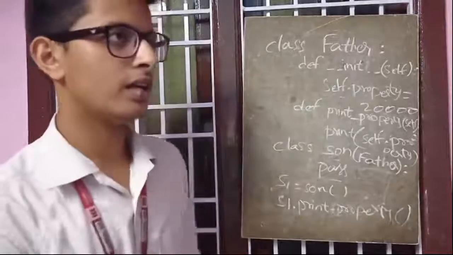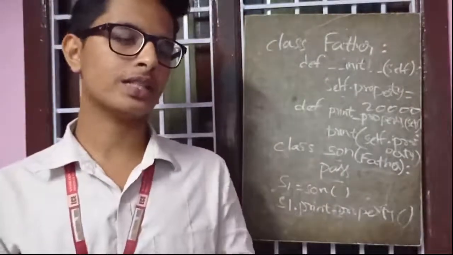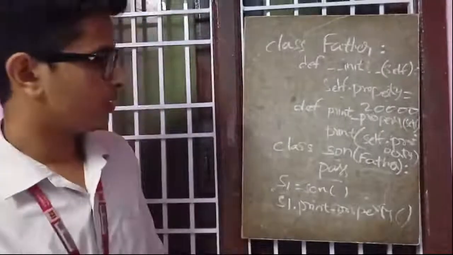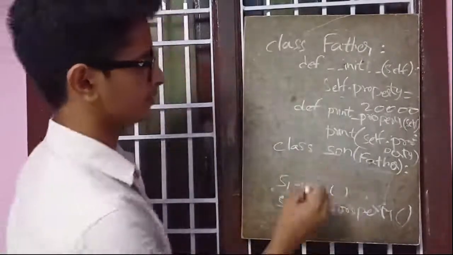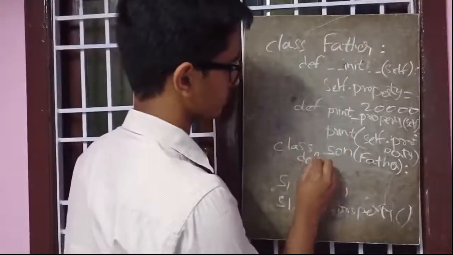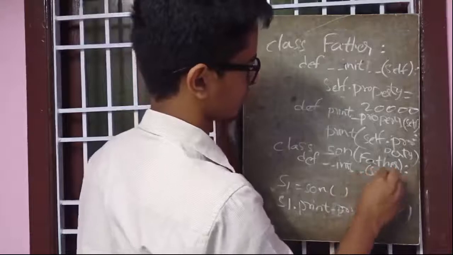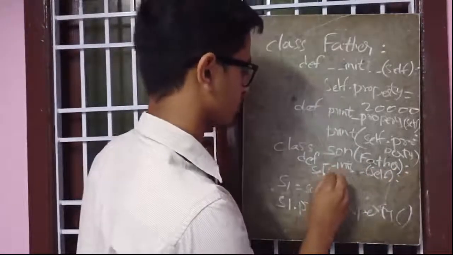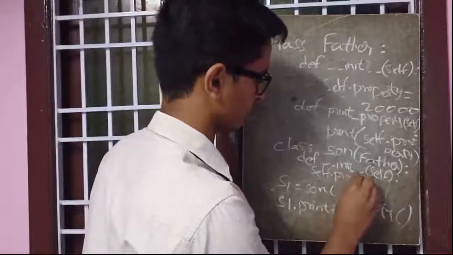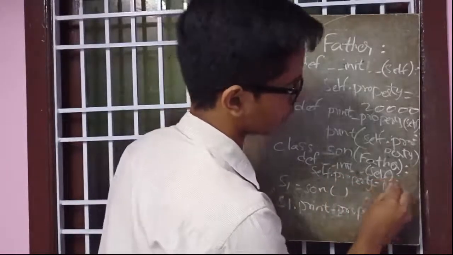And the other concepts in inheritance are method overriding and constructor overriding. That means let us write some methods in it, some 10,000.